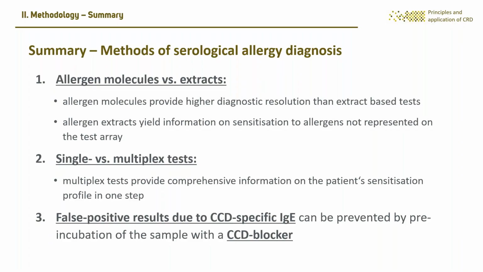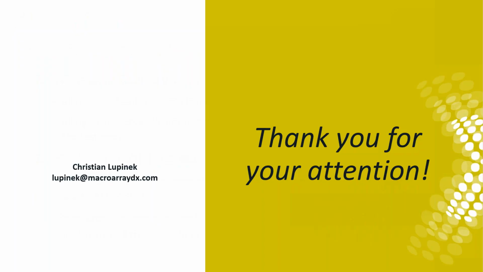What is the difference of single and multiplex tests, and how multiplex tests can help you to solve more complex clinical reactivity patterns, and also how you can overcome the problem of CCD-specific IgE antibodies, which are frequently found in serum samples. So with this, I finish my presentation. I thank you for your attention, and I'm happy to take your questions. Thank you very much.